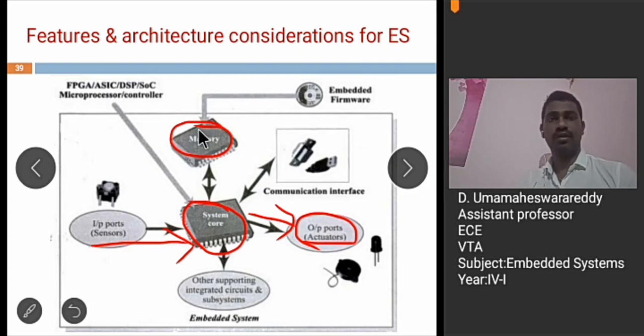Next, RAM. It is known as random access memory, which is volatile memory. When there is no power, the contents are lost in the RAM. Here, the executable programs are stored in the ROM, read-only memory. And the temporary data, that is temporary variables, temporary information, is stored in the RAM.